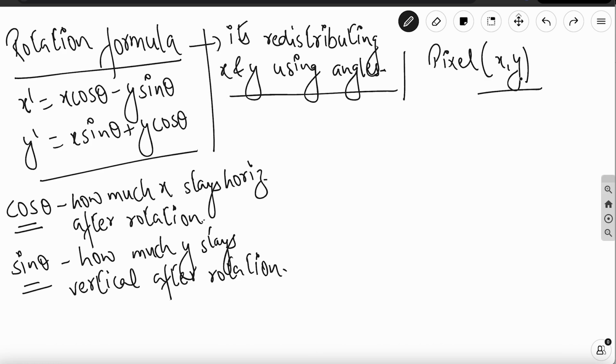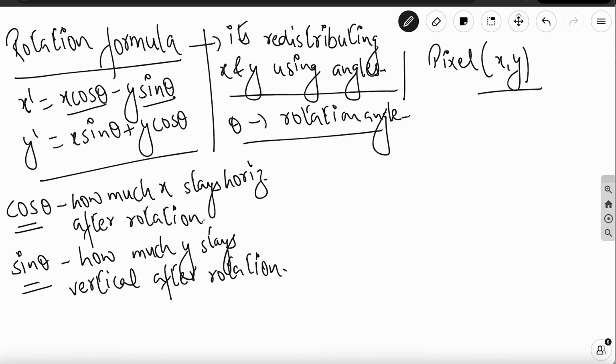When we rotate an image by an angle theta, the rotation angle, the position of all its pixels changes. For every pixel, the new position is calculated using the rotation formula. For the horizontal position it's x cos theta minus y sin theta, and for the vertical position it's x sin theta plus y cos theta.